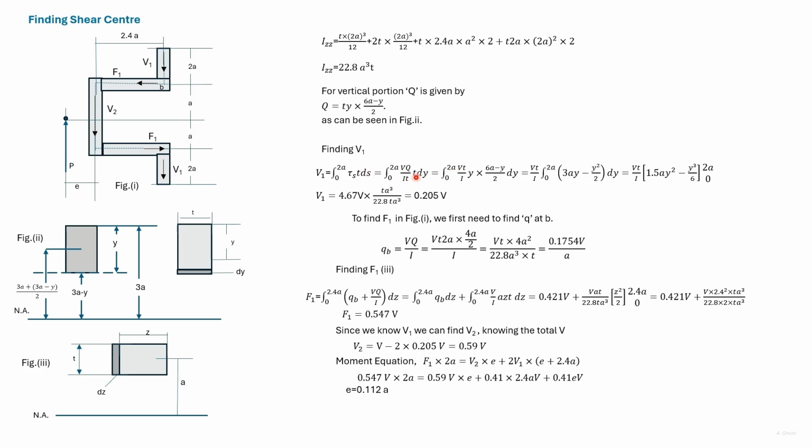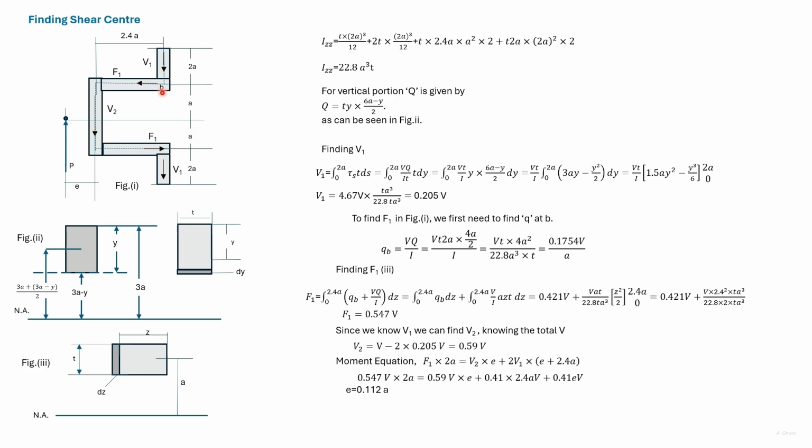These two p cancel, and we have substituted Q from here. We have taken out Vt divided by I and integrate this portion within the bracket. After integration, we substitute 2a for y and also Izz, and we get V1.